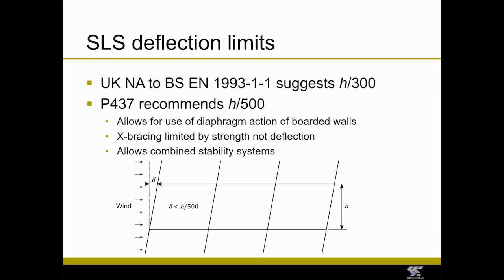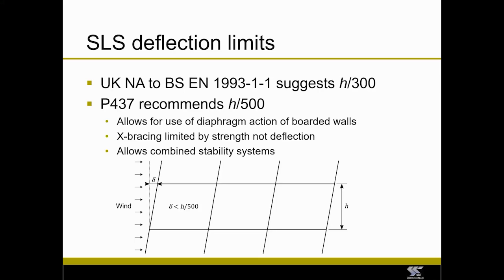So those are all things that we must do in terms of the sway stability calculations and looking at things in terms of the ultimate limit state. In terms of the serviceability deflection limits, the Eurocodes themselves don't actually give deflection limits applicable to frames.